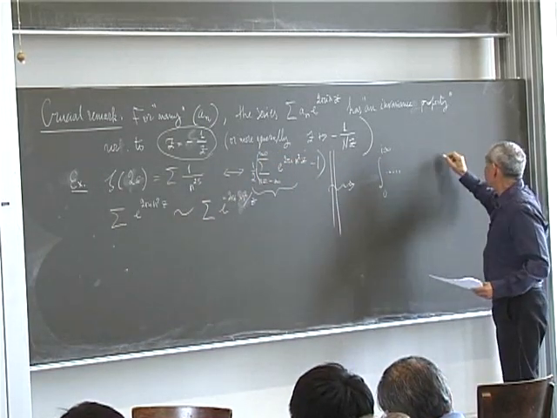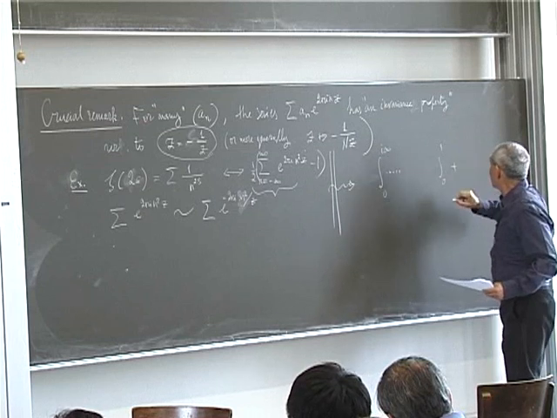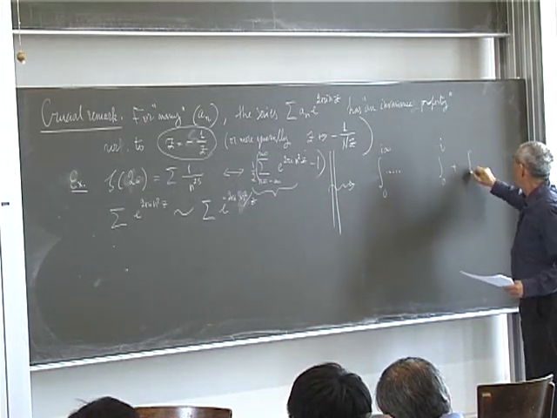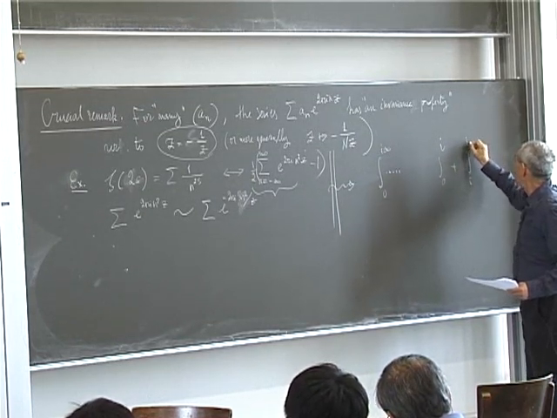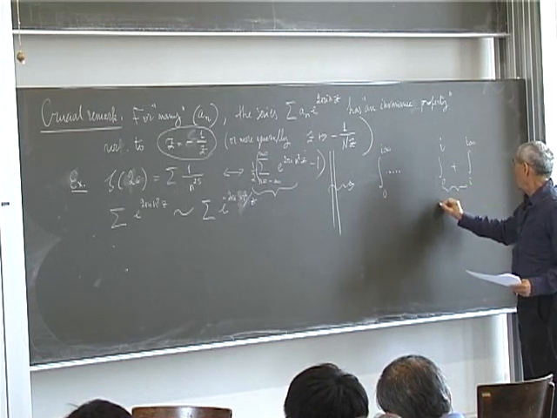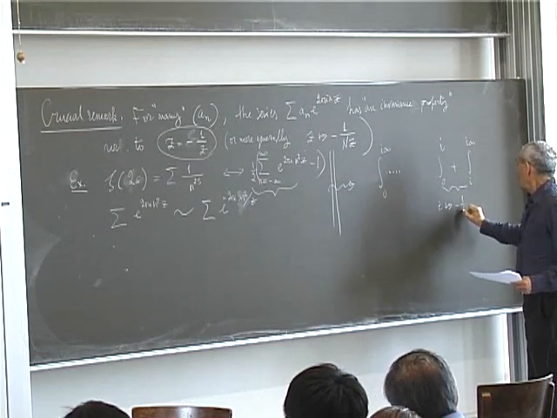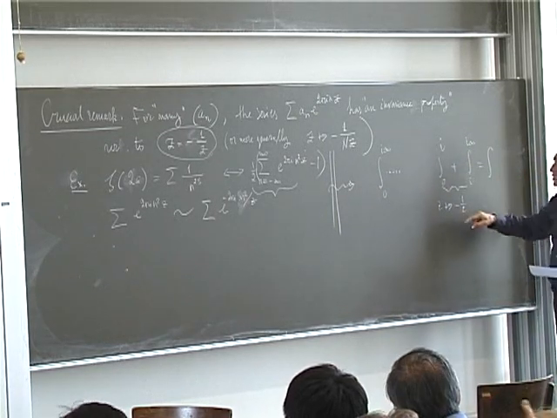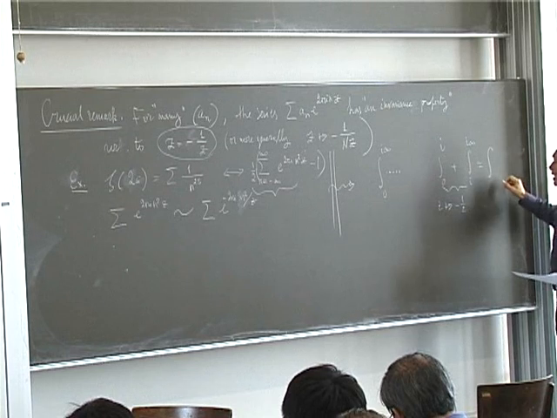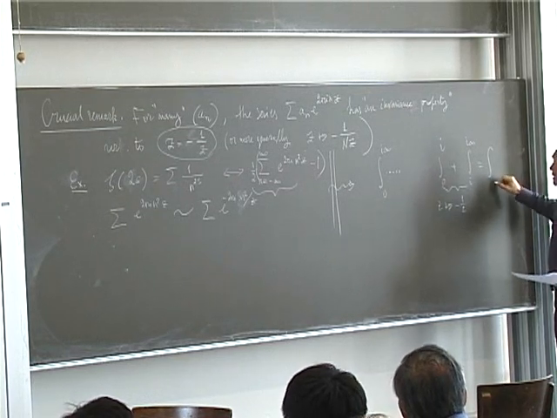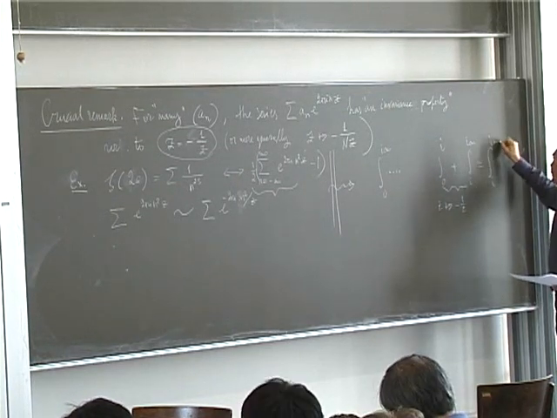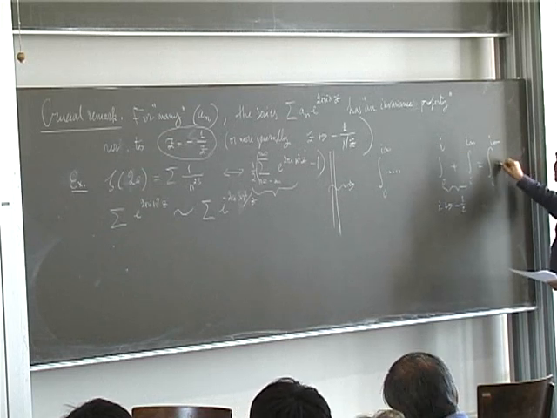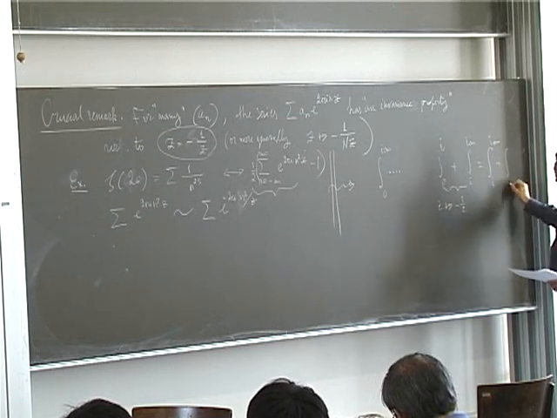It is a sum of integration from 0 to i, and then from i to i infinity. And when you make this change of variables, this becomes essentially an integral from i to infinity, whereas this becomes an integral from 0 to i.